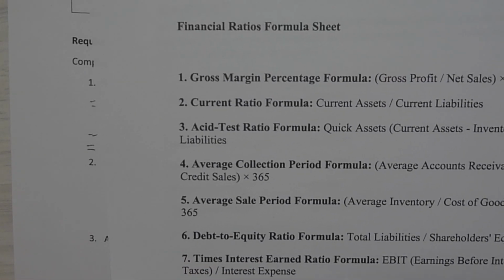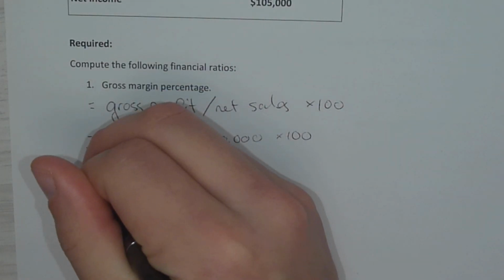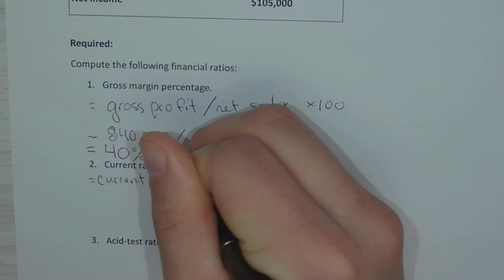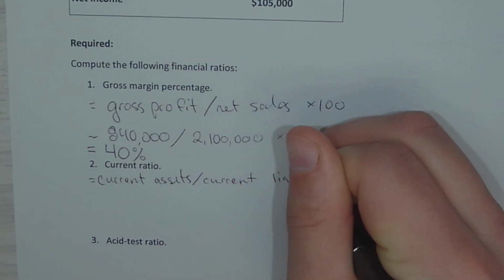What is our current ratio? Again, have that formula here. Current assets divided by current liabilities.